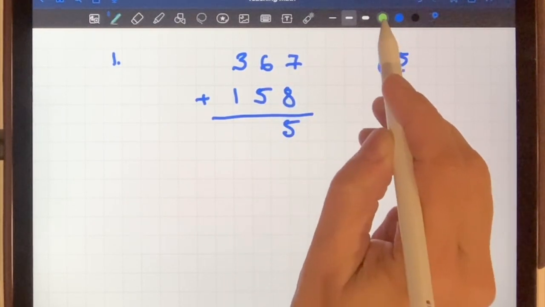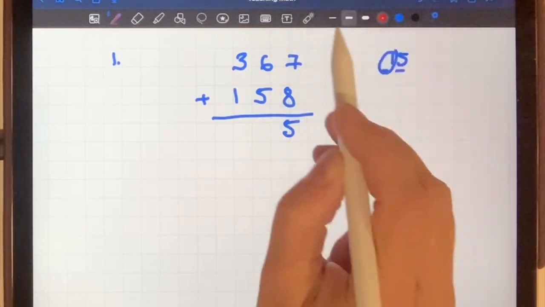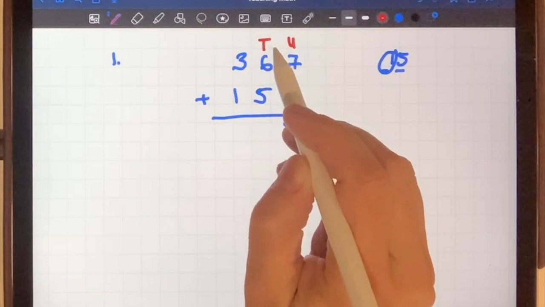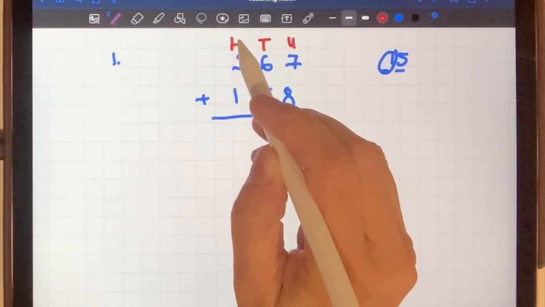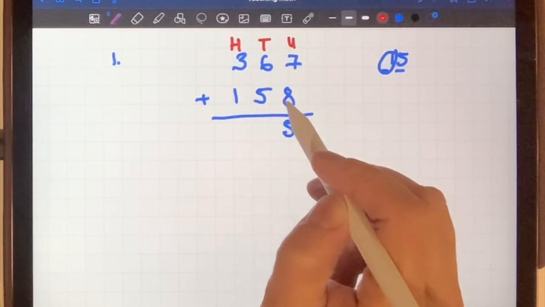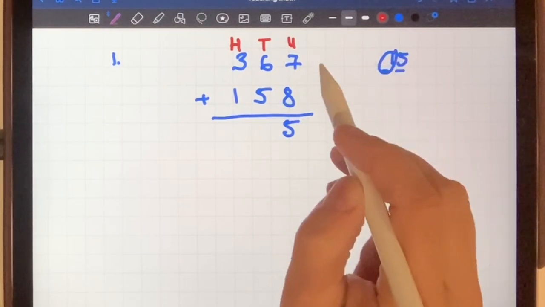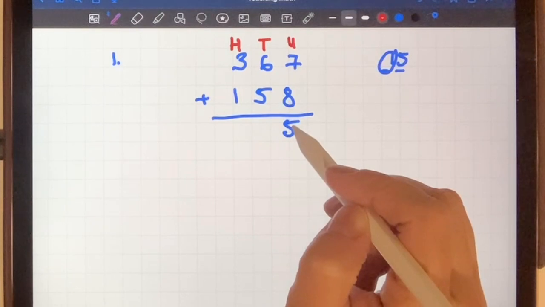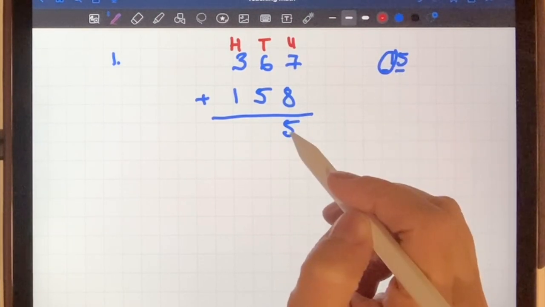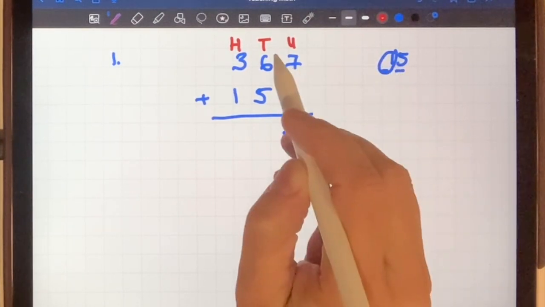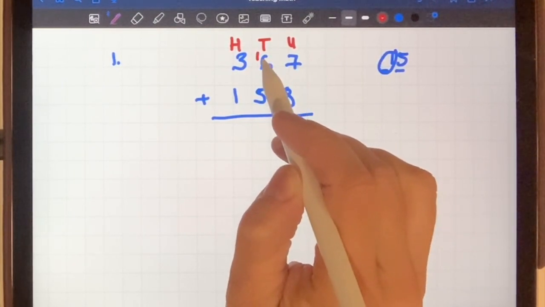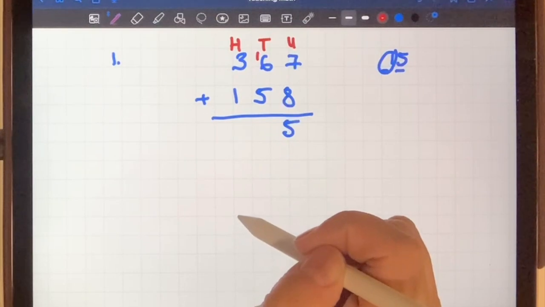So I might even just put the columns here for you to see that this is our units, this is our tens column, and this is our hundreds column. So because 7 and 8 is 15, we just put the unit of 15 in our units column, and the tens we carry, which just means we transfer it over to the tens column.